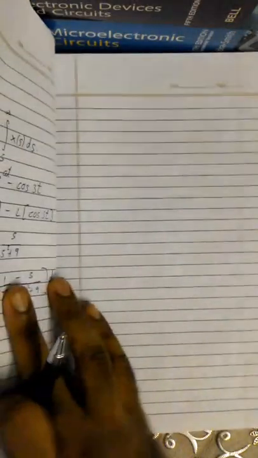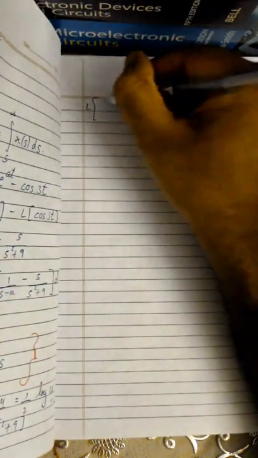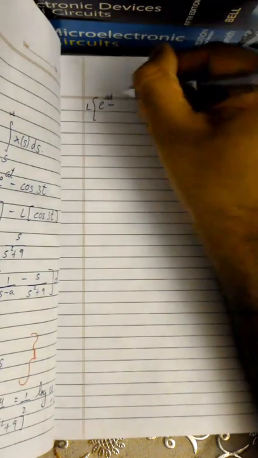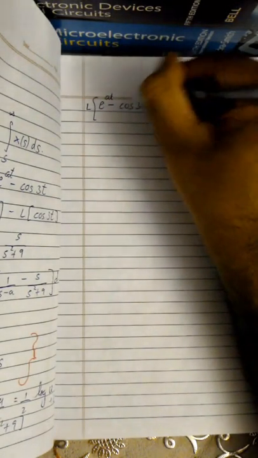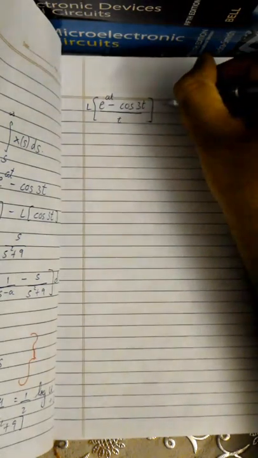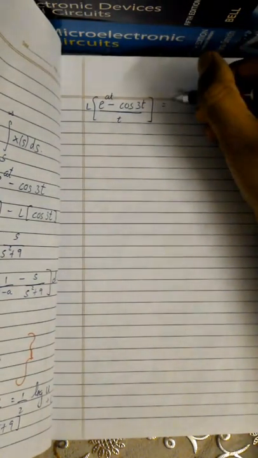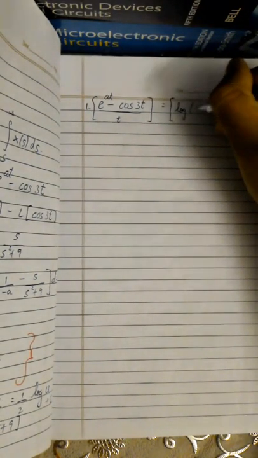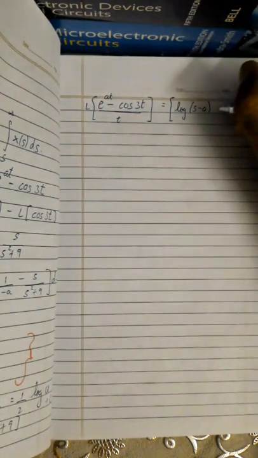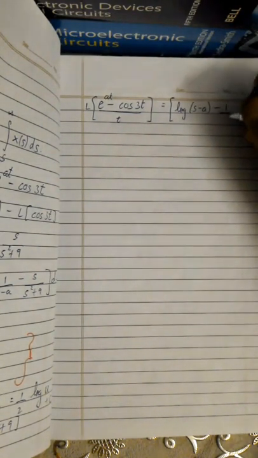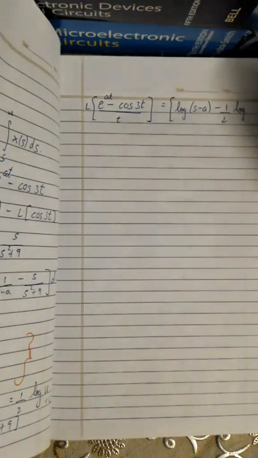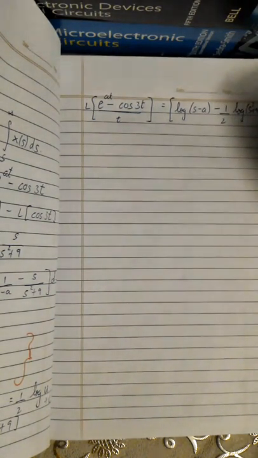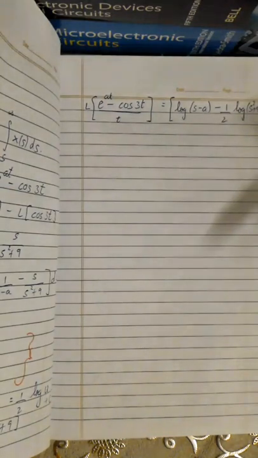I will get my Laplace of e raised to 8t minus cos 3t by t is equal to, integral of 1 by s minus a is log s minus a, minus 1 by 2 log s square plus 9. The limits are from s to infinity.